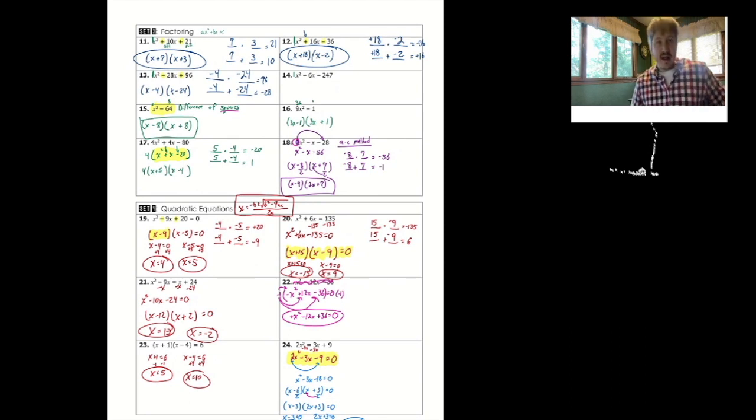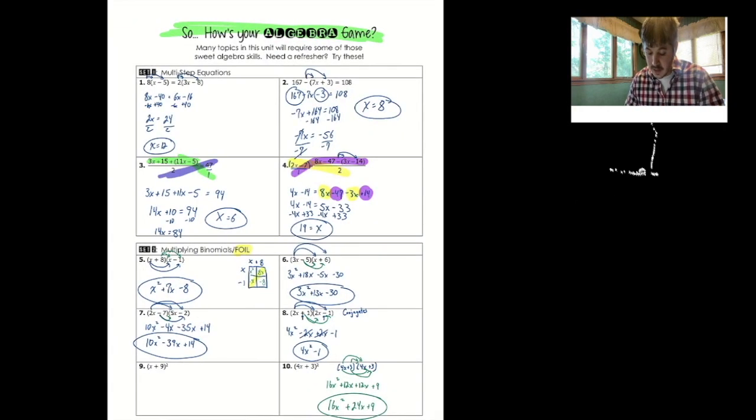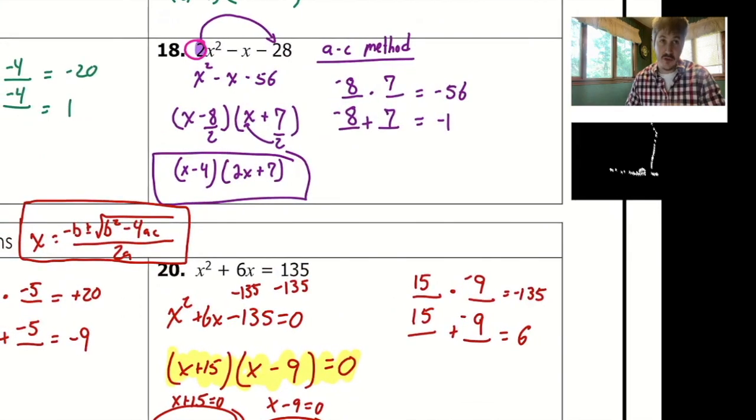Definitely wanted to get some of that out of the way because it is going to come up with some of the things that we're going to be doing in geometry. And I think the AC method is really cool to get exposed to. Like I said, you're likely going to see that next year. I think Ms. Keener does it a little differently than I do.